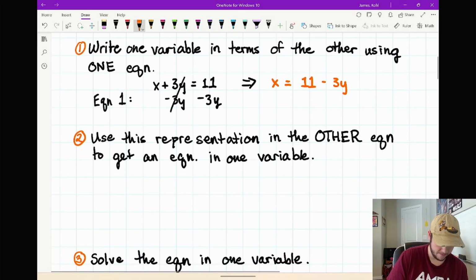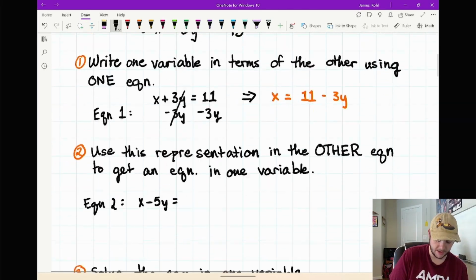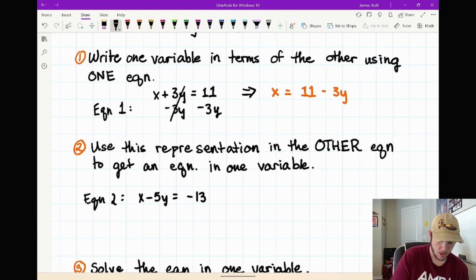So notice I have x minus 5y. Now we're going to equation 2. x minus 5y equals negative 13. Well, now I'm going to use that 11 minus 3y instead of x. Minus 5y equals negative 13.